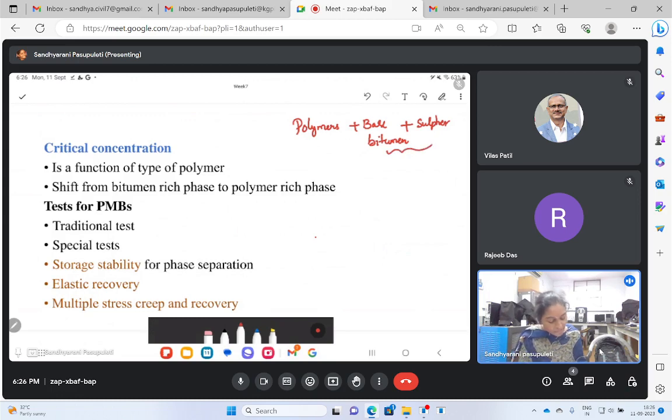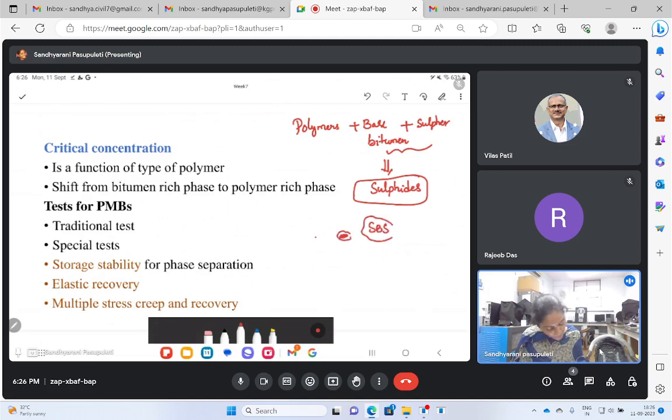the initial base bitumen and the sulfur both react and form some sulfides, specifically polysulfides. The purpose of these polysulfides is this: let us say this is a polymer, and SBS is the polymer I am using.